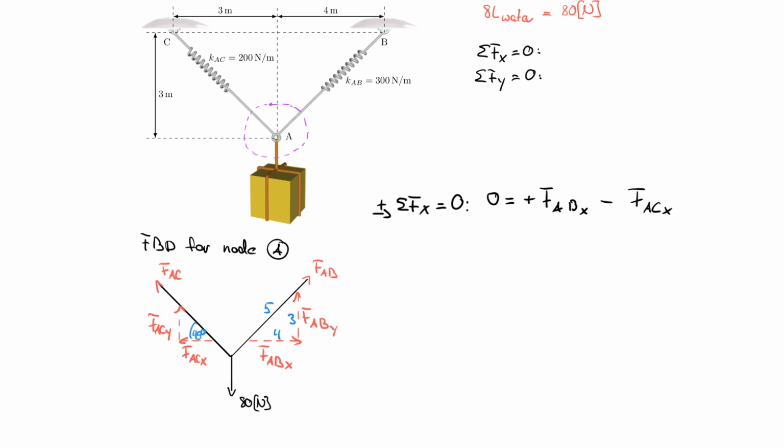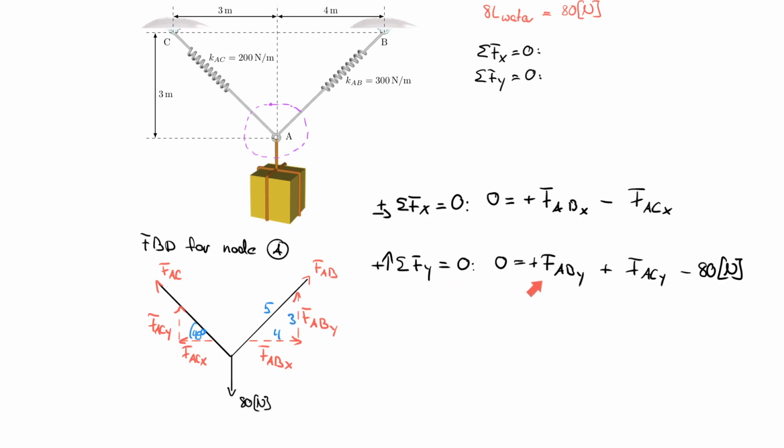And similarly, in the y direction, I have 0 being equal to plus FABY plus FACY minus 80 Newton.